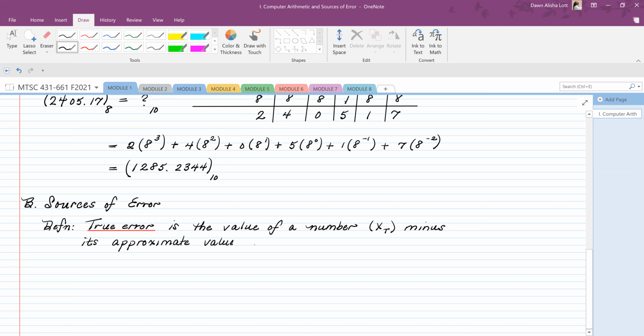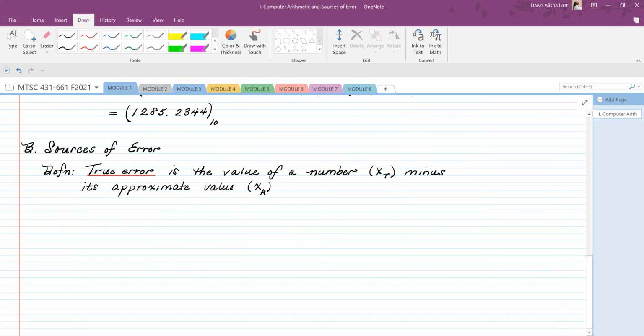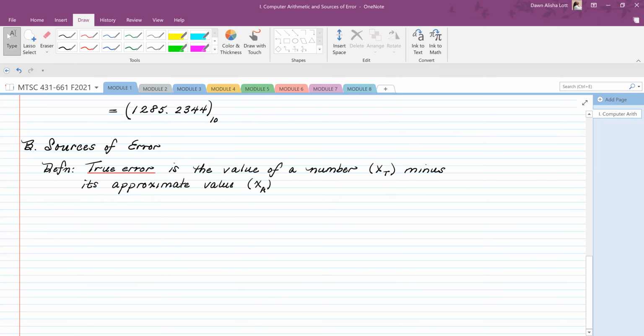And its approximate value, I'm going to call XA. So true error, we're going to call that capital E sub T. All right. This is the error in X.